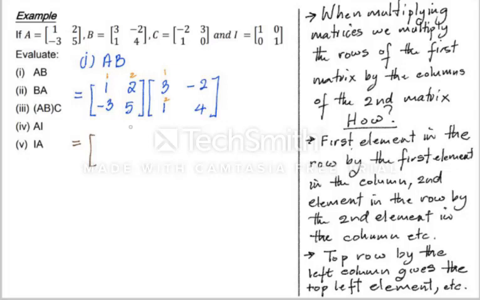So it's 1 times 3, which is 3. And then the second element in the row, which is 2, by the second element in the column, which is 1. 2 ones are positive 2.